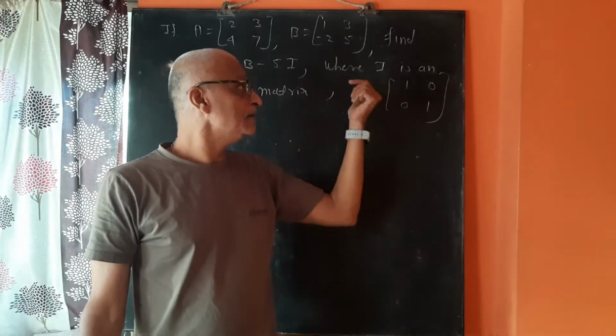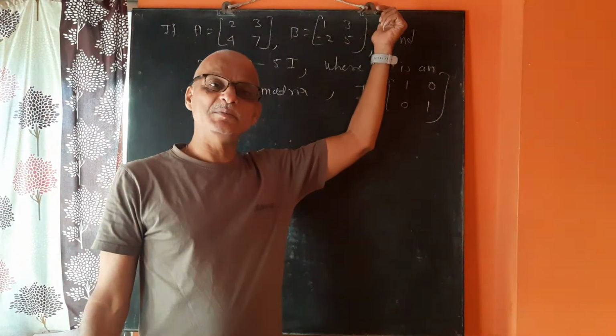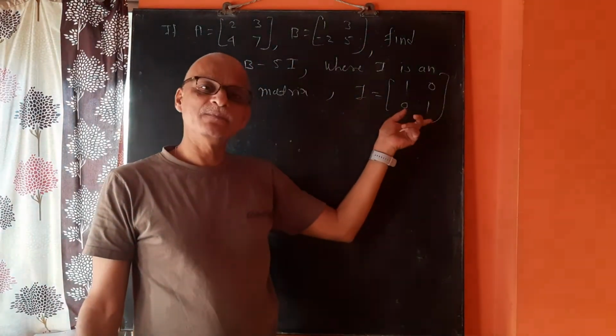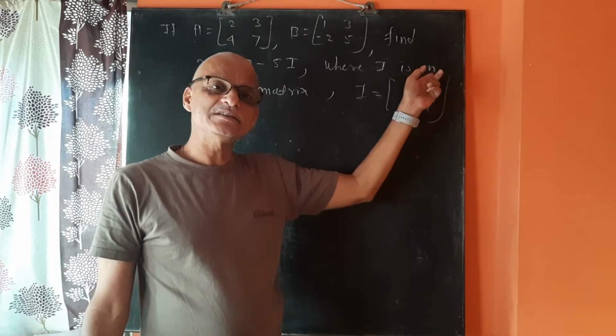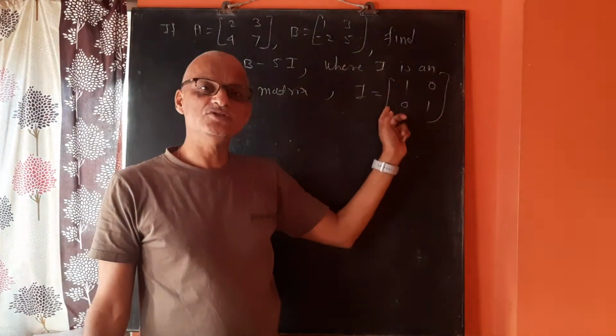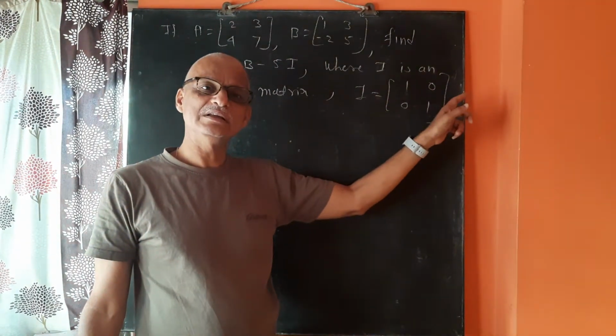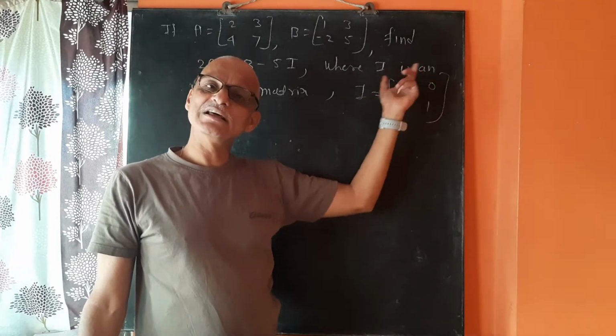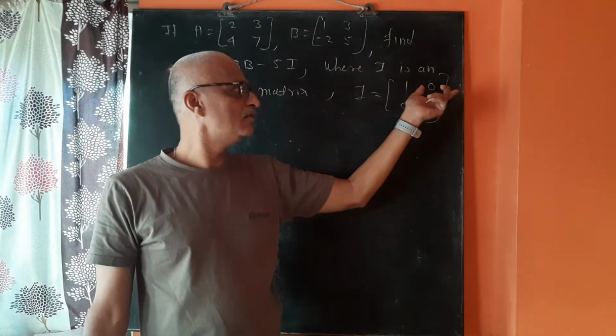So remember that whenever there is a 2/2 identity matrix, it should be 1 0 and 0 1. Whenever it is a 3/3 matrix, it will be 1 0 0, 0 1 0 and 0 0 1. That means in 3/3 there are 9 elements, in 2/2 there are 4 elements.